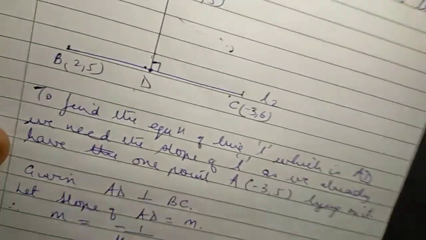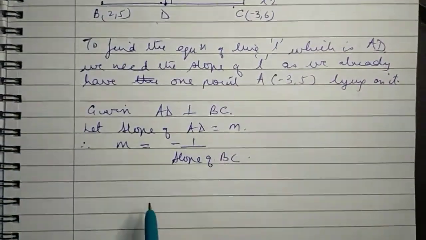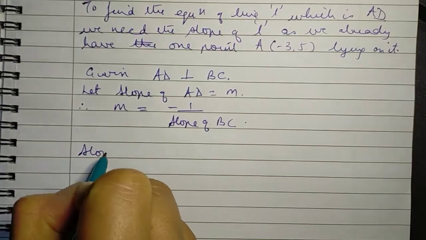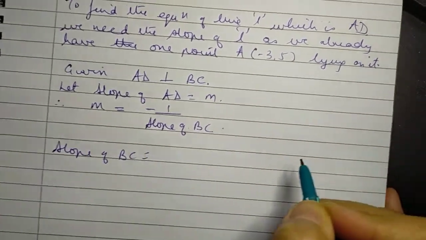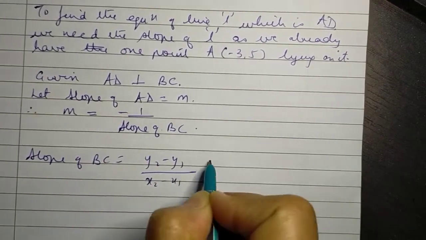So we can clearly find the slope of BC as we know the coordinates of both B and C. Now, slope of BC is equal to y2 minus y1 upon x2 minus x1.